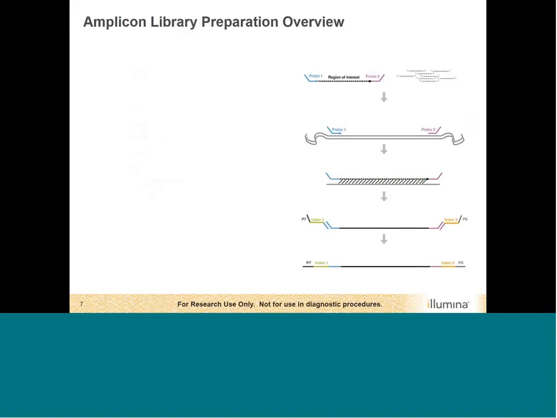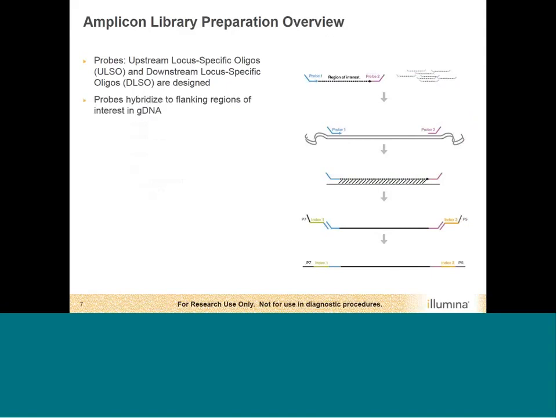So let's go over a couple more details of the Illumina Amplicon library preparation. We're starting with probes that are called the upstream locus-specific oligo, or ULSO, and downstream locus-specific oligo, or DLSO. So those probes hybridize to flanking regions of our genomic DNA, and then an extension and ligation reaction occurs between the probes on the same strand.